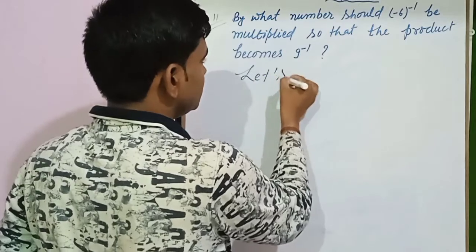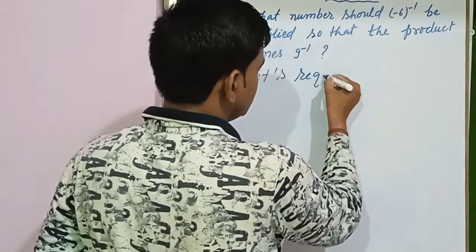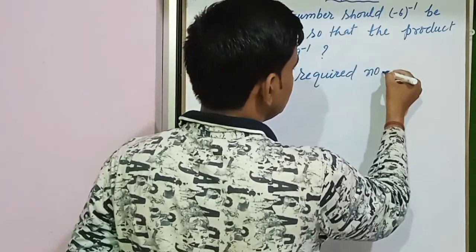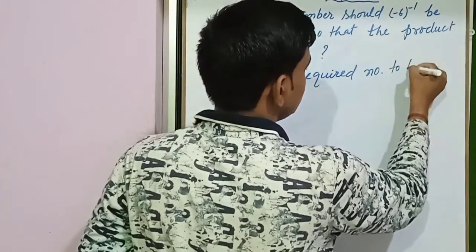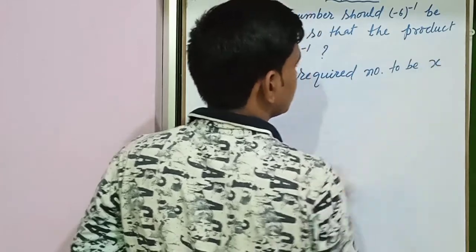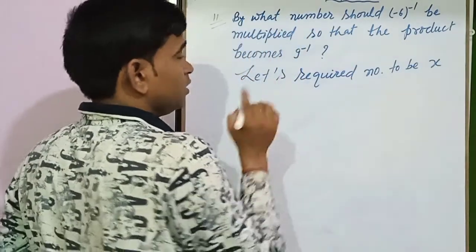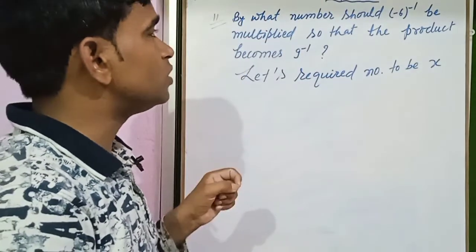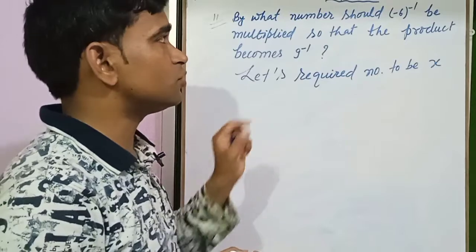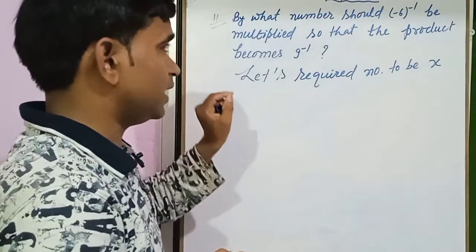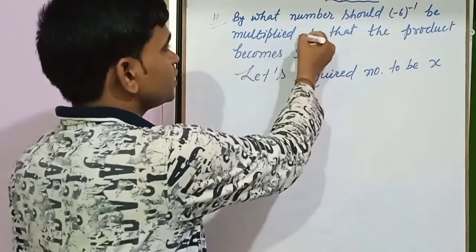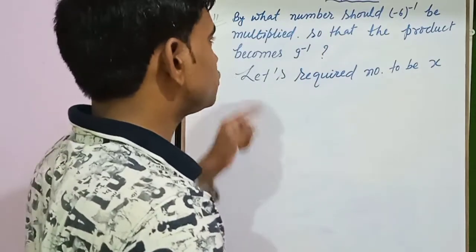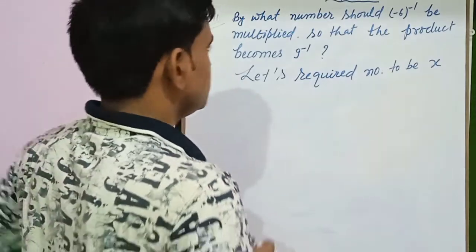Let the required number be x. The question is: by what number should minus 6 raised to the power minus 1 be multiplied so that the product becomes 9 raised to the power minus 1.